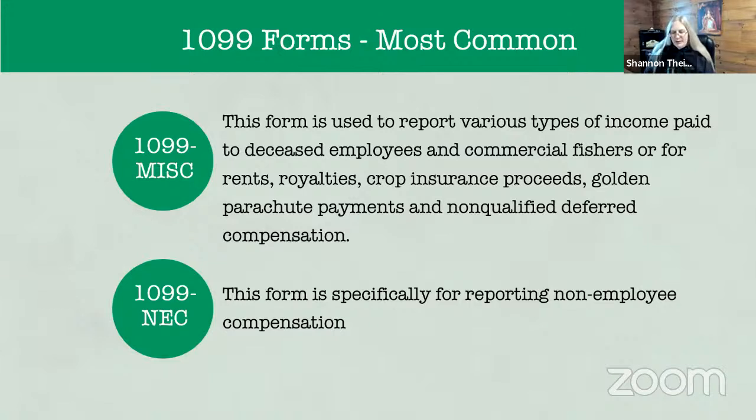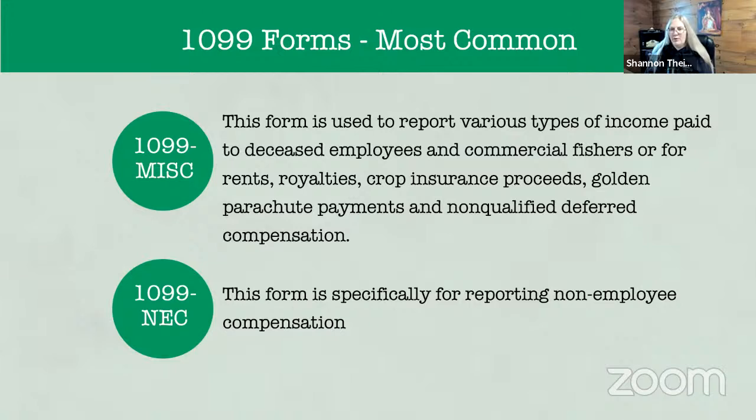If you have an employee who became deceased during the year or during a previous year, there are special rules on reporting their wages and income to their estate. So they'll get a W-2 and a 1099 miscellaneous in the year that they became deceased. And if income gets paid in years after they've become deceased, it only gets reported on a 1099 miscellaneous.